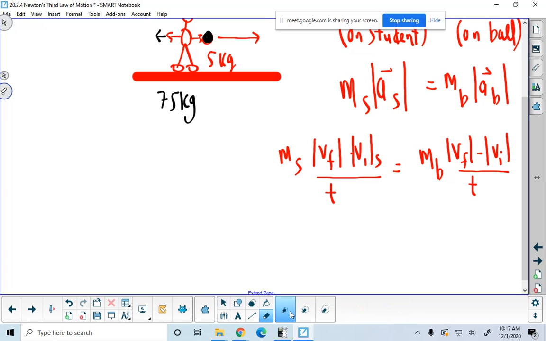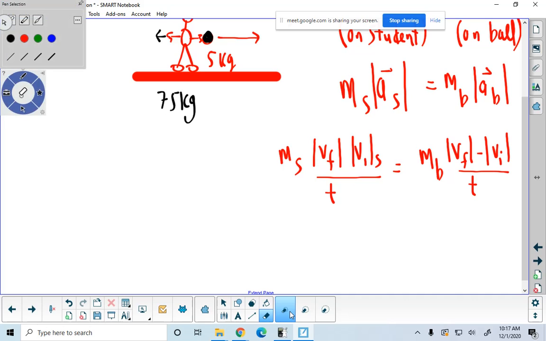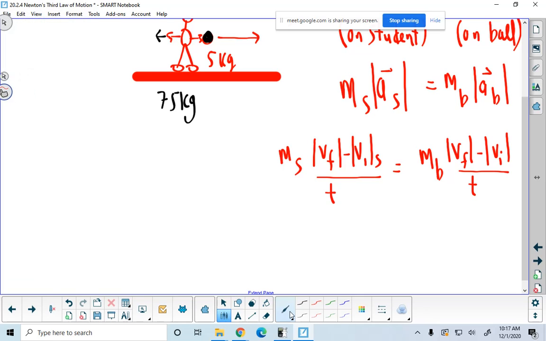The two times are the same. The two times are the same for this reason, and it's wordy, but you need to listen to the words. However long the ball is being pushed by the student, it's the same period of time that the student is being pushed by the ball.